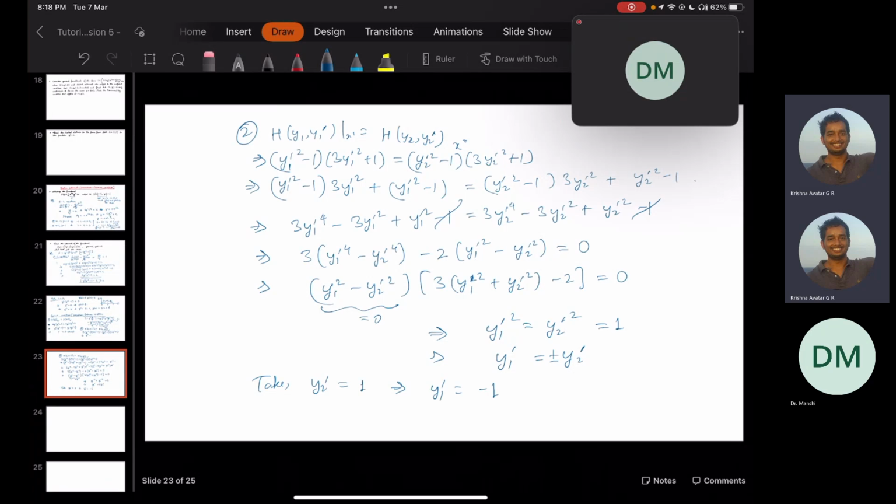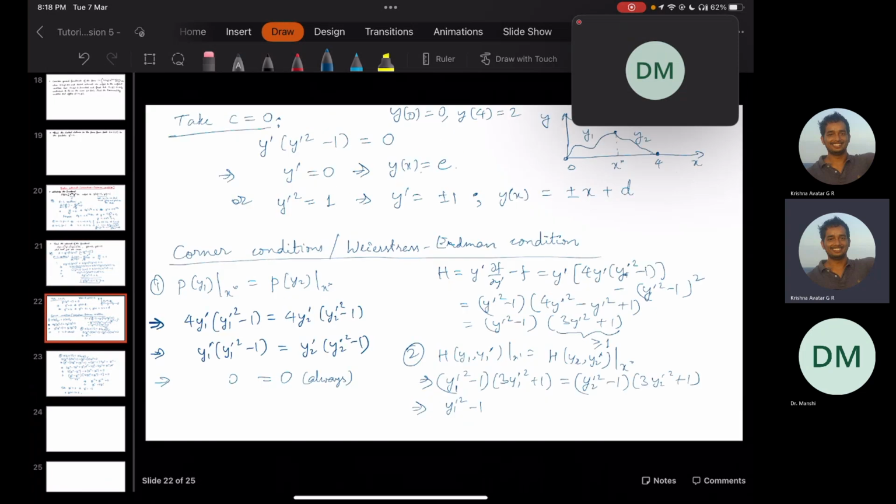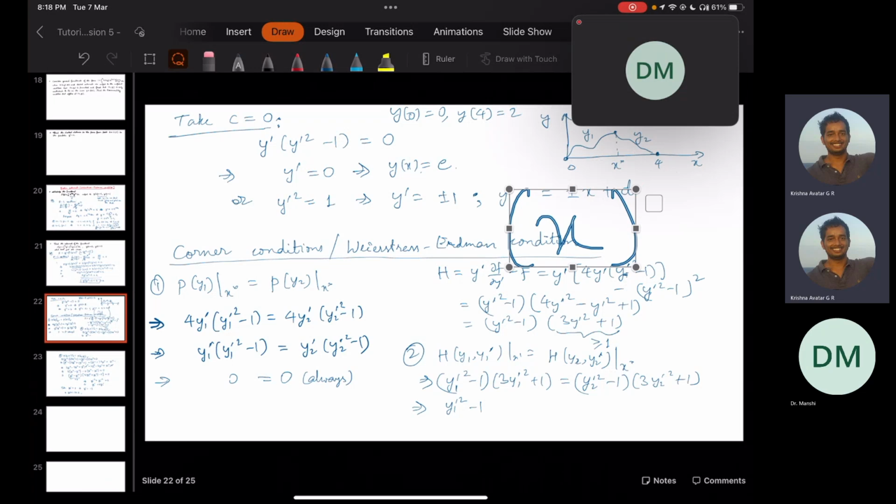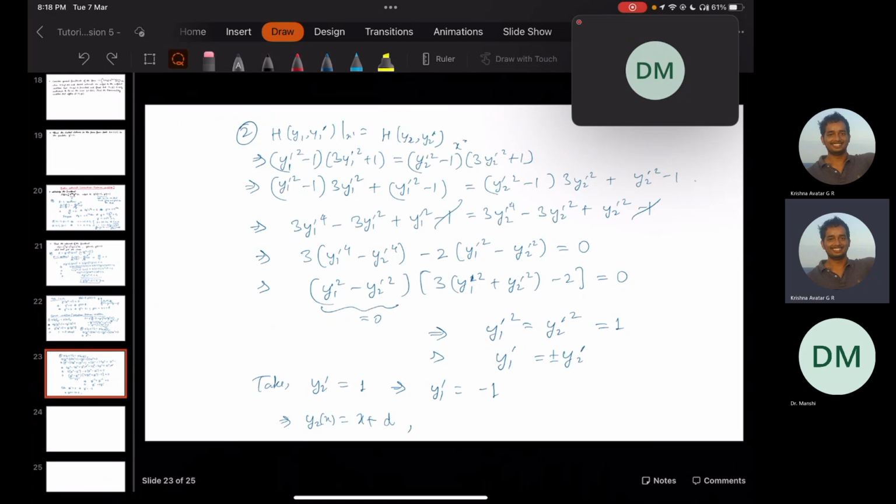So solving this equation, what we have is this implies that y2 of x is equal to, say, x plus b. It's not relevant right now, or for the sake of not confusing, let me call this y2 of x equal to x plus capital A, and this as y1 of x to be minus x plus b.